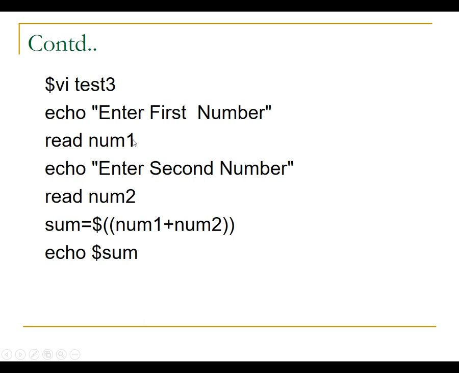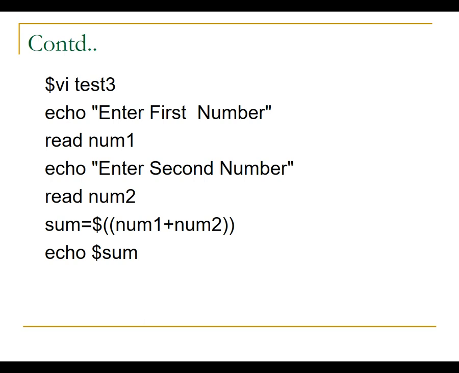For example, if the value of num1 is 3 and the value of num2 is 2, then sum is 3 plus 2, which is 5, and this 5 will be printed onto the screen. In this way we can print the sum of two values.